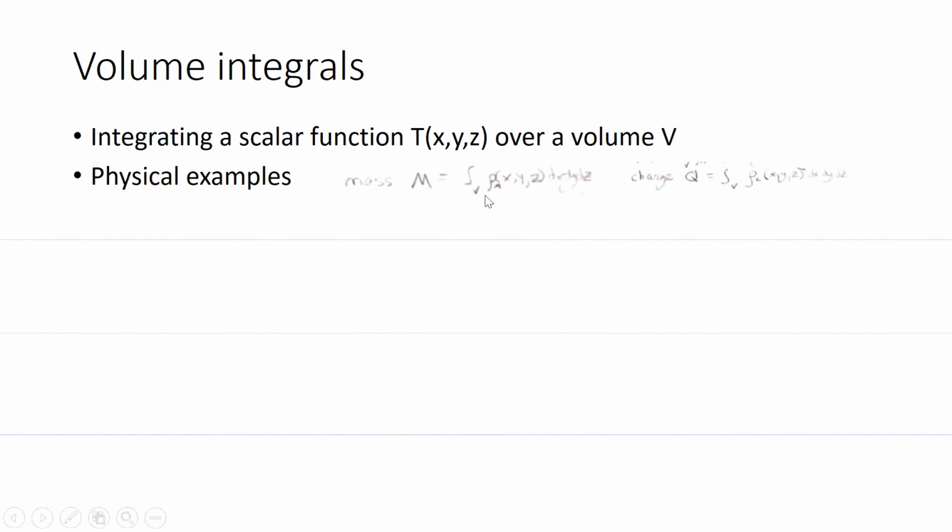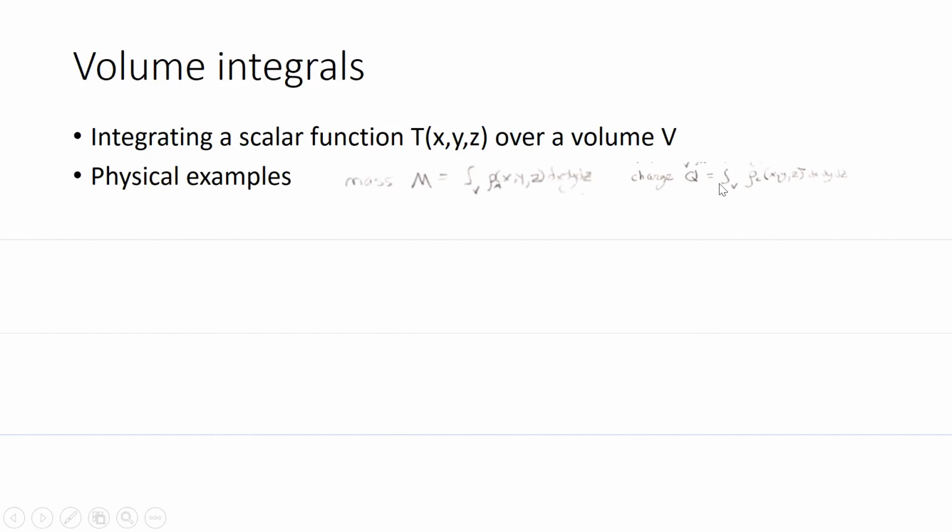If we know the density of an object as a function of x, y, and z, and we integrate that density with respect to x, y, and z, the density times the volume gives the mass, so we get the total mass.